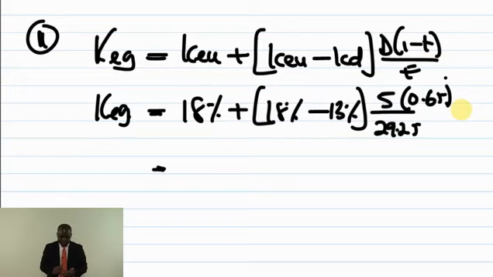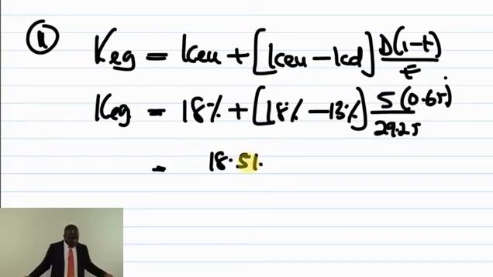When you solve this, I have 5 times 0.65 divided by 29.25 times bracket 18 minus 13, plus 18, and it's giving me 18.51 or so. So that is how you would get your cost of equity.